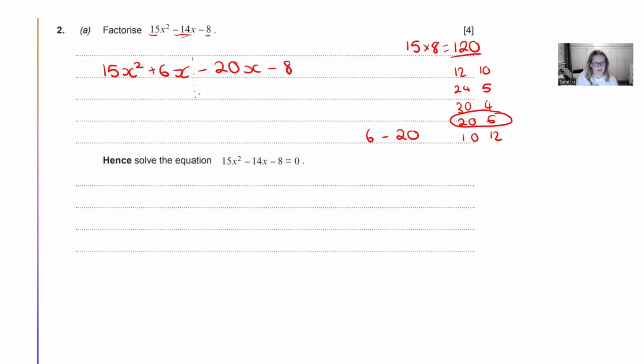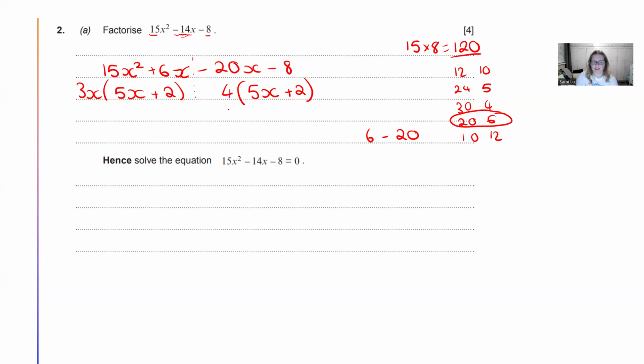Draw a little wall down the middle and find your common factors in each. So in this one, I've got 3x is common. That leaves me with 5x plus 2. Now this bracket should be the same, so I just tend to write it in straight away because it gives me a little bit more confidence. And then again, check in. What makes it should be 4.